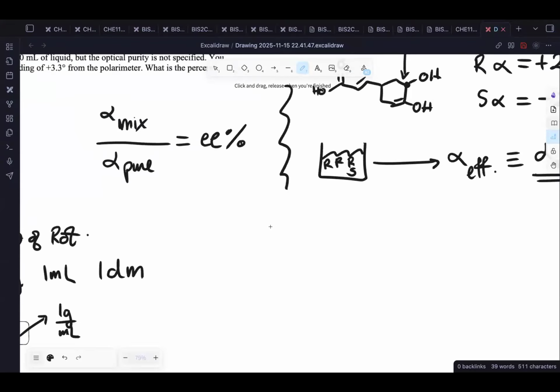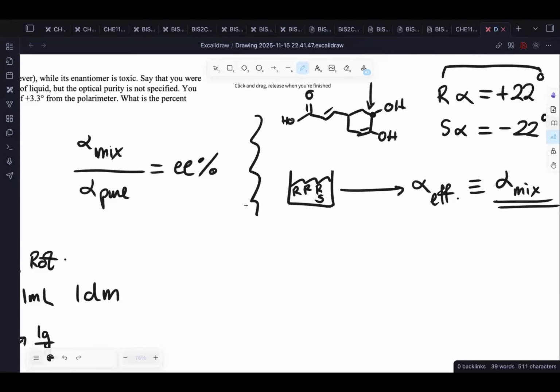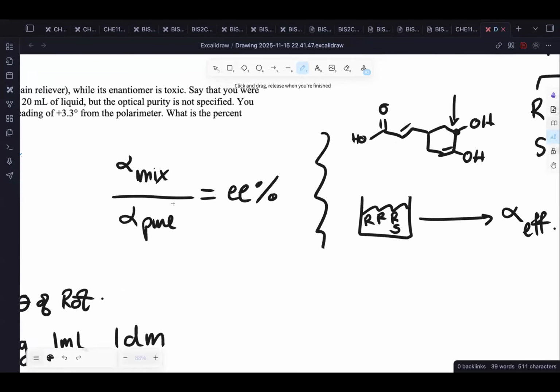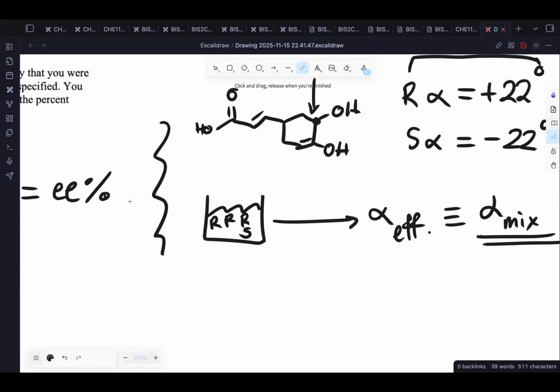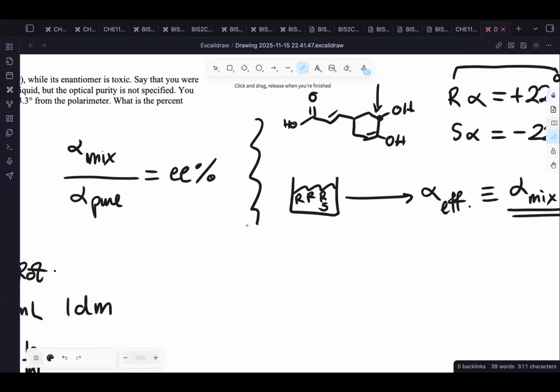So this problem over here is not talking about that, but this is a good problem that ties in the last thing I'm going to mention. Let's say in a mixture of R and S isomers, I have an alpha mix equal to, let's say, 10 degrees.